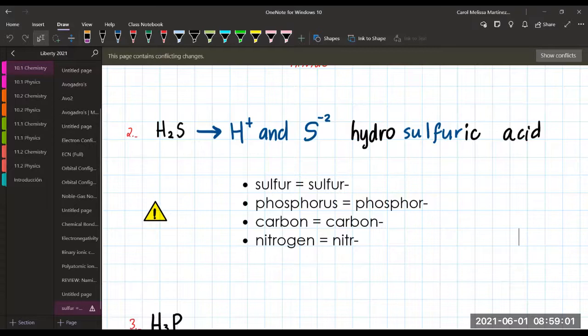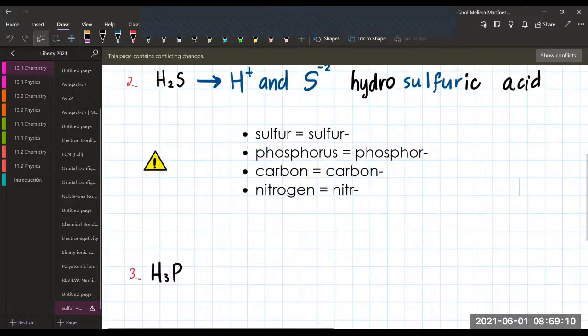Remember, here the root changes. For acids, there are some exceptions, okay? That's why I gave it to you here. Now the last one, how can we name this one? The composition of this acid is H plus ion. How many hydrogen ions?